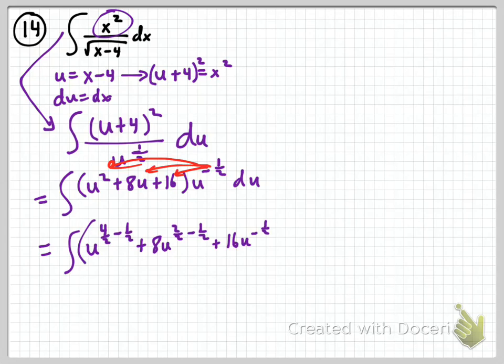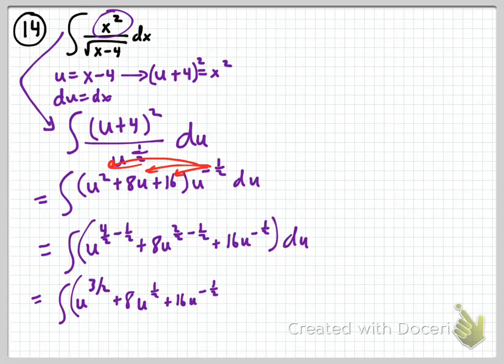That's all still the integrand. Then 4 halves minus 1 half is 3 halves, so we have u to the 3 halves, plus 8 times u to the 2 halves minus 1 half, which is 1 half, and then plus 16u to the negative 1 over 2.